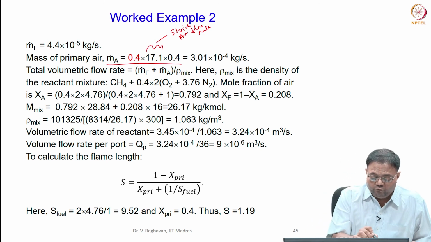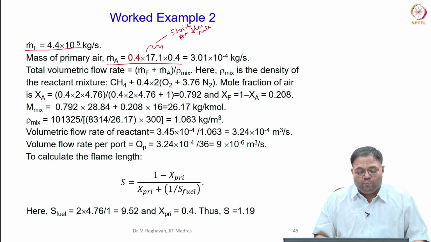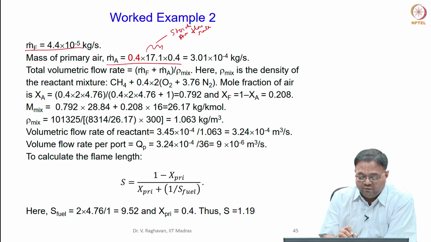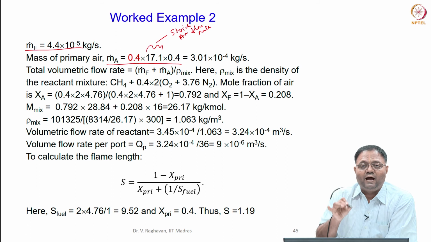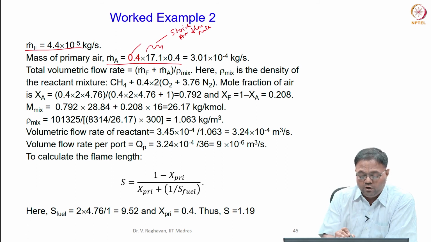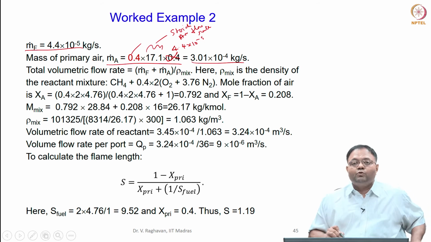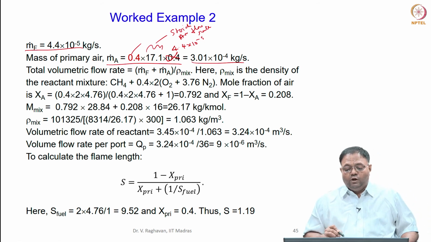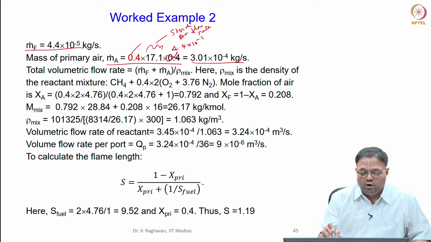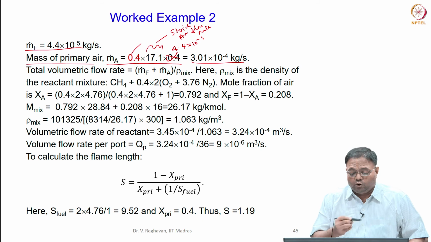So for 4.4 into 10 power minus 5 kg per second of methane, the air will be, and the primary air is only 40%, so 0.4 into 17.1 into 4.4 into 10 power minus 5. That will be equal to 3.01 into 10 power minus 4, the mass flow rate of the air. So, what will be the total mass flow rate?